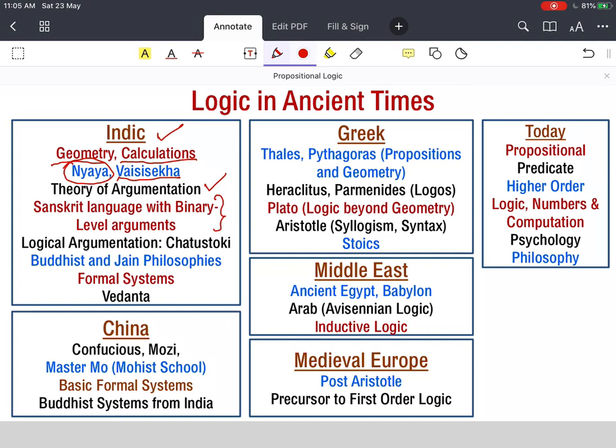That is why we see that the language of Sanskrit was not only used for literature, it was used for mathematics, it was used for debates, it was used for propounding theories, and it became a generalized language which embedded in it the whole of logical arguments.